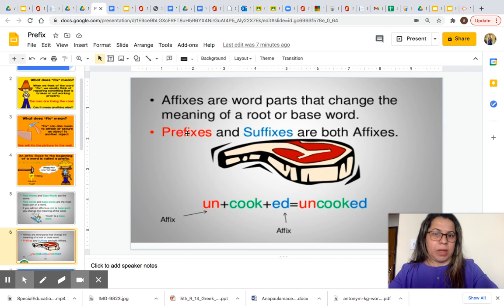Affixes are parts that change the meaning of a root or base word. We are just looking at prefixes today. If I add the prefix "un" to the word cook, I will get uncooked. Since I know that "un" means not, I know that uncooked meat is not cooked.